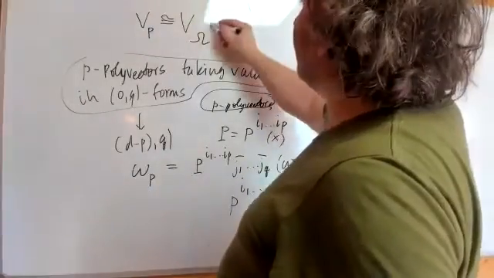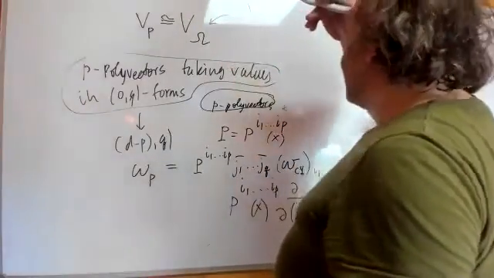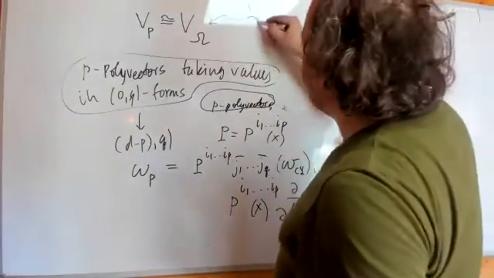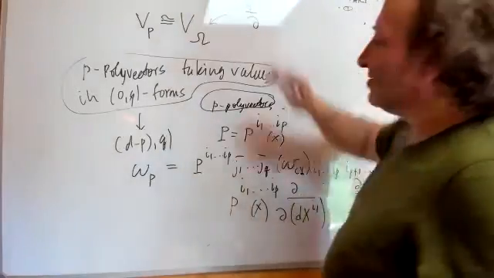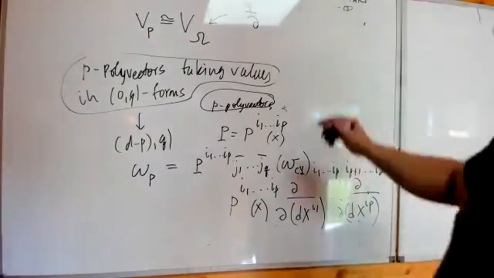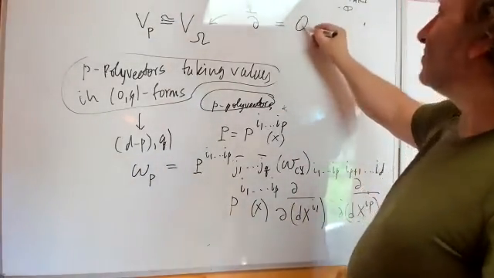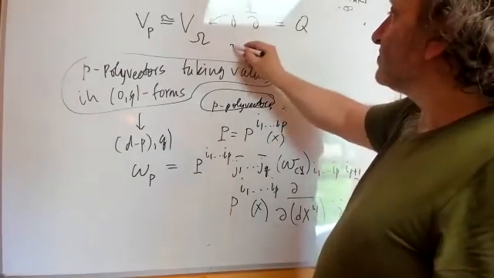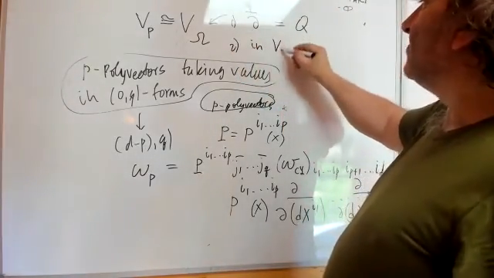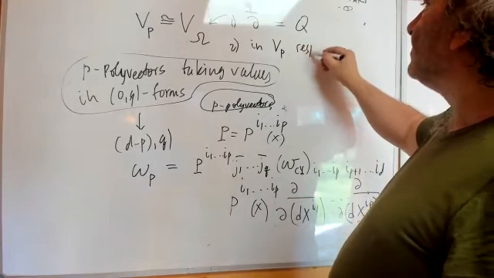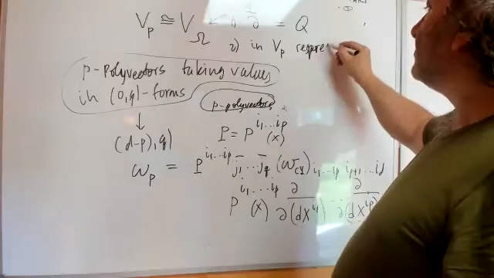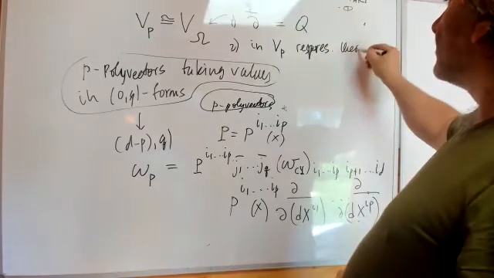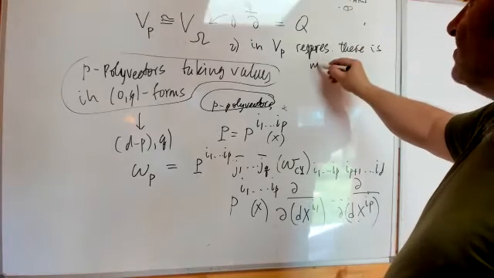So in V omega, in all of these representations, there is the bar operator called Dolbeault. It would be Q. In VP representation, there is multiplication.